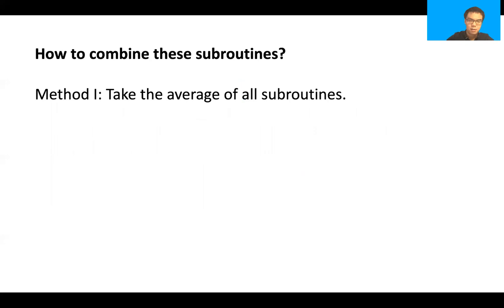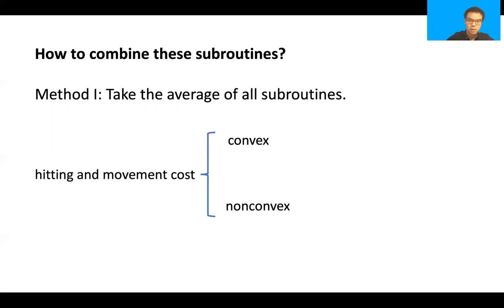The first method, which is a common method used in many previous works, is taking the average of all subroutines. This works well for convex hitting costs and movement costs. However, it does not work in the non-convex cases because Jensen's inequality does not work for non-convex functions.